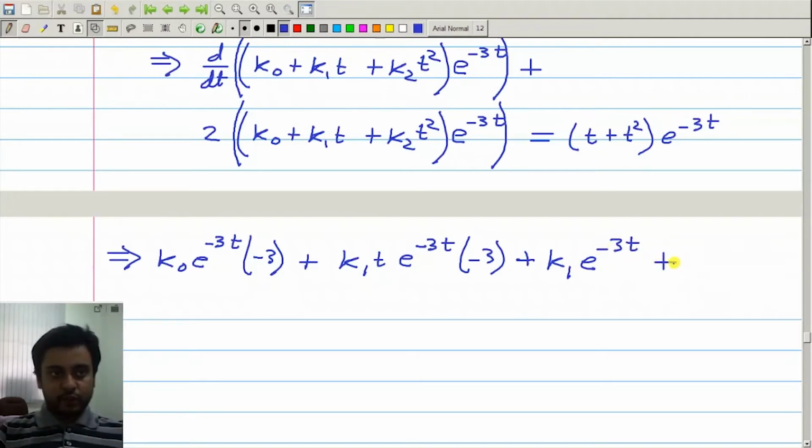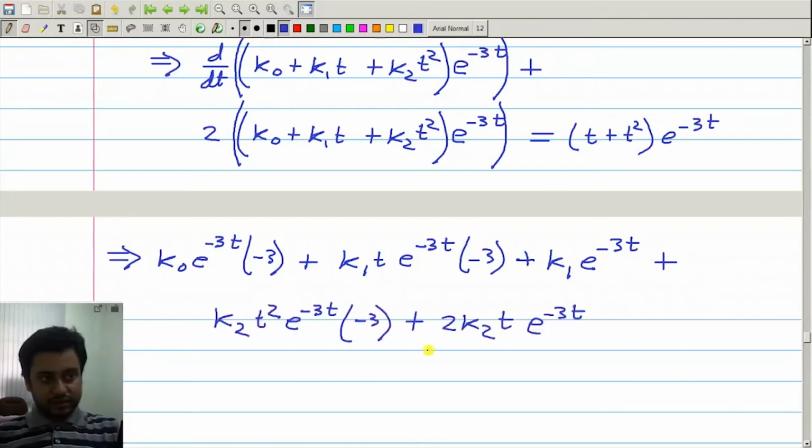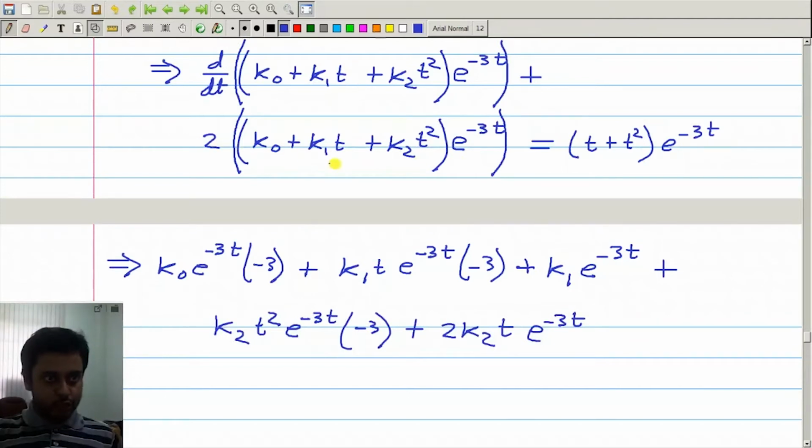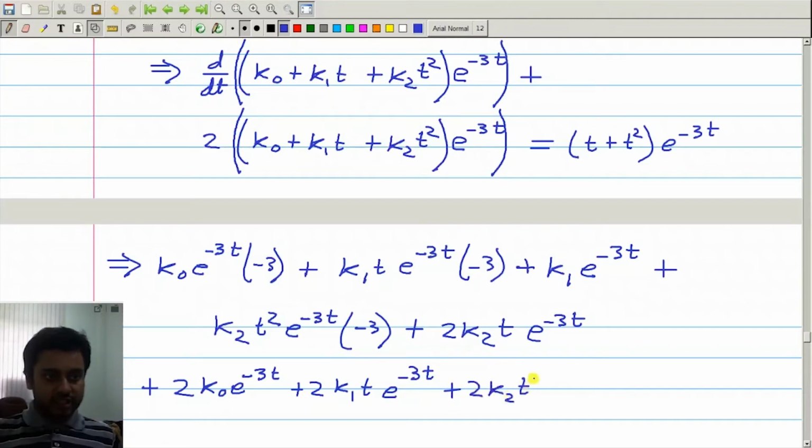Similarly you can differentiate k2t square e to the power minus 3t and you shall get this, plus 2 into this term, so let me write plus 2k0 e to the power minus 3t plus 2k1t e to the power minus 3t plus 2k2t square e to the power minus 3t. This is equal to the right hand side.